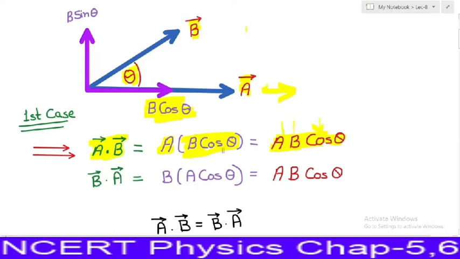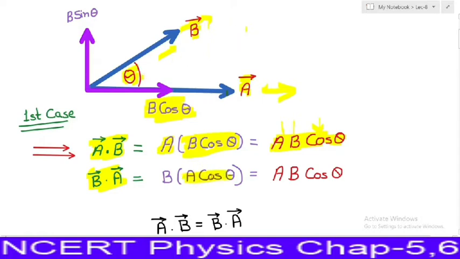Now suppose we want to find b dot a, means earlier we found a dot b, but now we want to find b dot a. B dot a means this is vector b and this is vector a. So now we will try to make both vectors in the direction of b. B is already in this direction, and now we take component of a in the direction of b. Because this angle is theta, so this component would be a cos of theta.